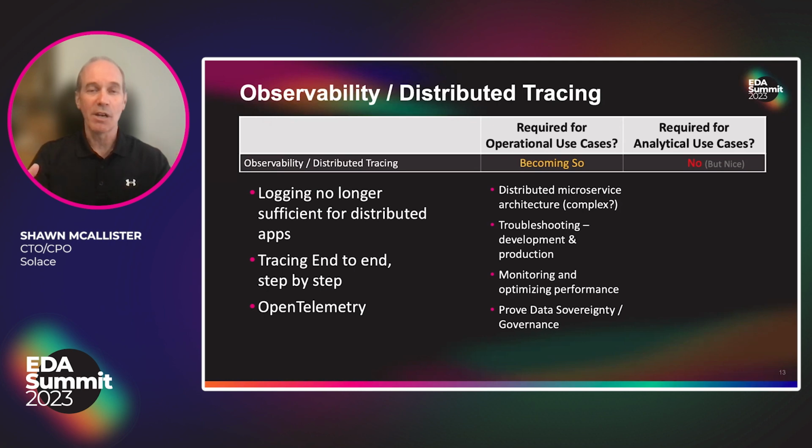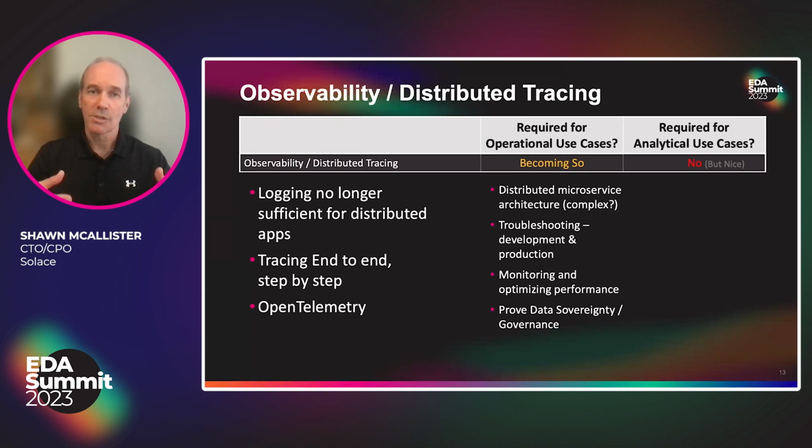And so what you really want to be able to have is end-to-end tracing across your entire architecture through all components of your architecture. And more people are adopting OpenTelemetry as the de facto standard to be able to do this. And in a distributed architecture, as you often see in operational use cases, and you want to be able to do troubleshooting, you want to be able to monitor and look for performance bottlenecks, you need this kind of end-to-end tracing throughout.